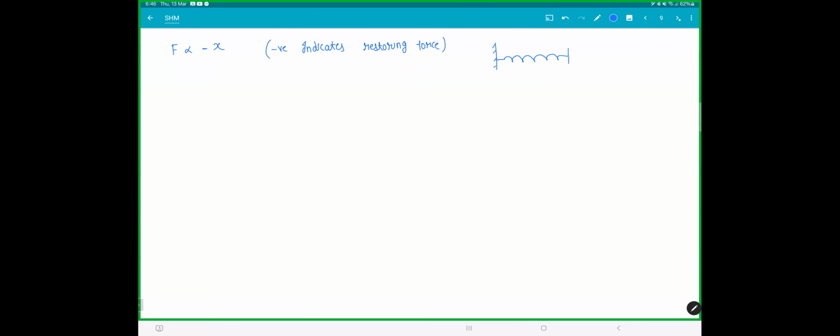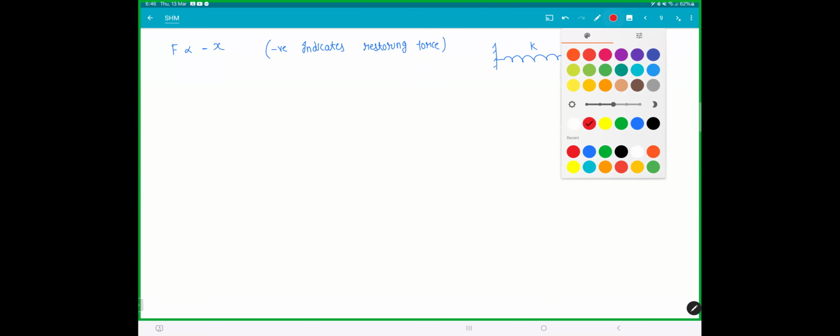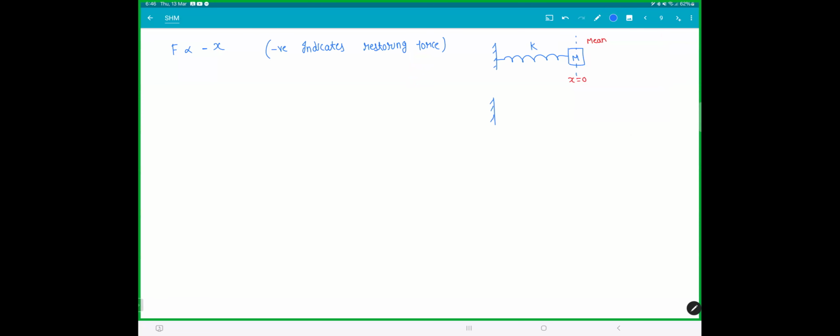So if you take a spring block system, M and K, x is equal to 0, this is your mean position. Let the block go from here to x is equal to A. This is your extreme position.